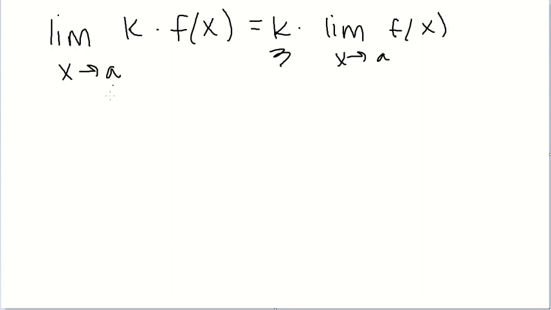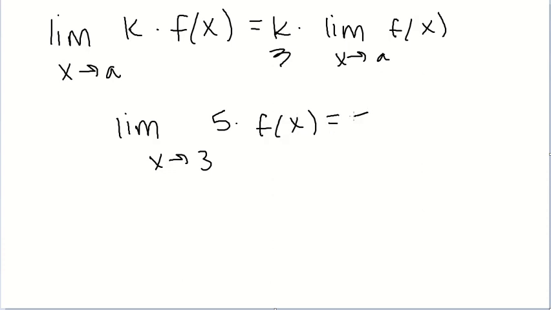So if we had something like the limit of a function as x approaches, say, 3, and we made k 5, that would be the same thing as pulling that 5 out front and taking the limit of that function as x approaches 3 first, and then multiplying it by that 5. So that simplifies your computation a little bit and allows you to evaluate the limit of that function first, and then multiply it by that 5.